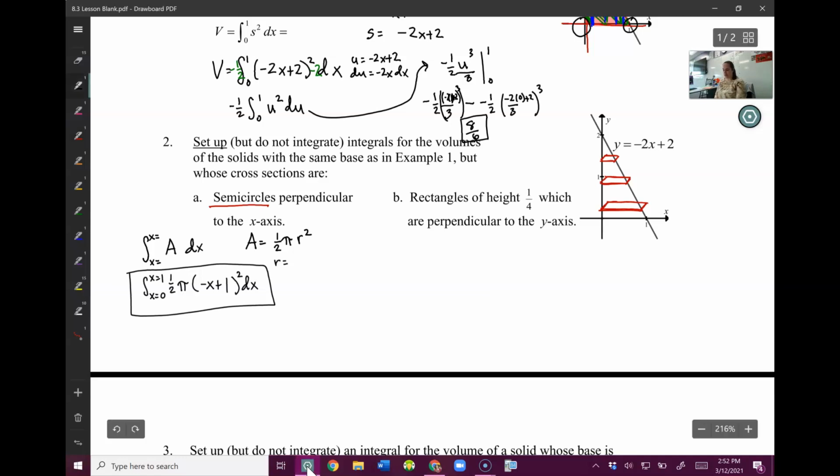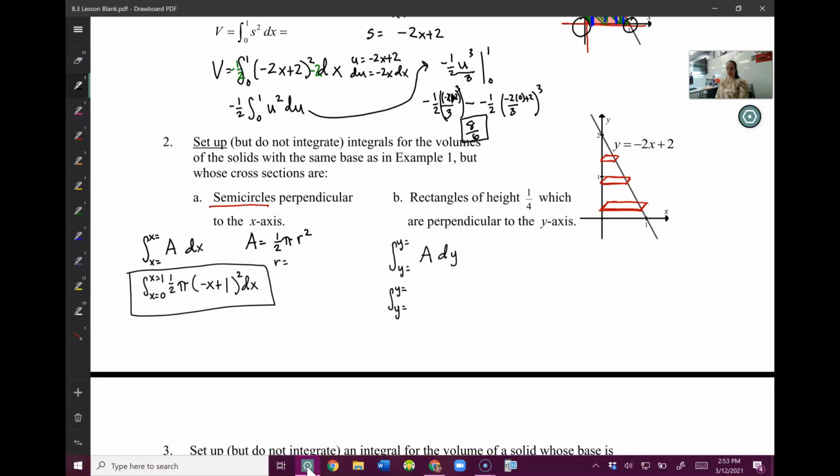So let's do the integral. This integral is perpendicular to the y-axis, so my limits should be in terms of y now. In addition, we want to do the integral of the area of my cross section. Well, this cross section is a rectangle.